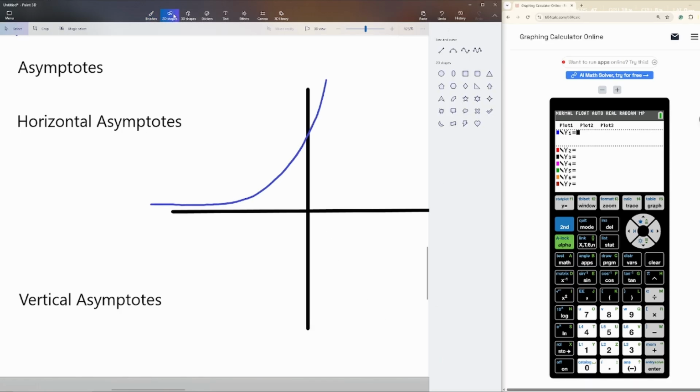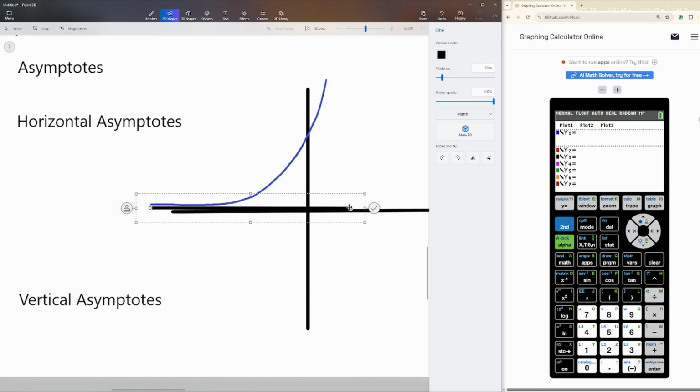So essentially, your horizontal asymptote is the horizontal line that your graph never touches.